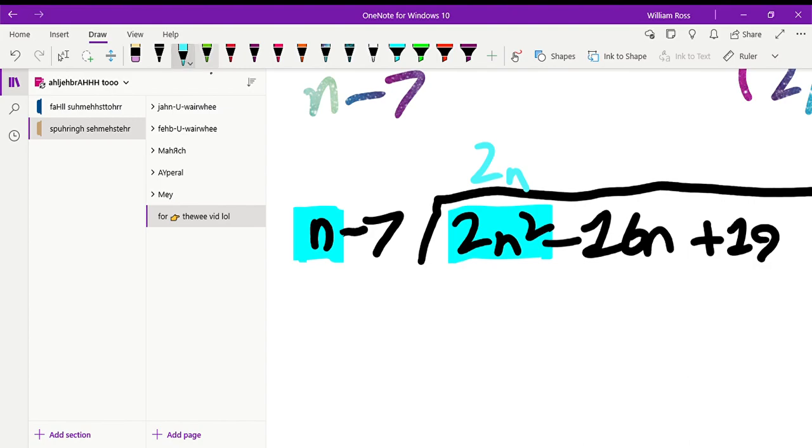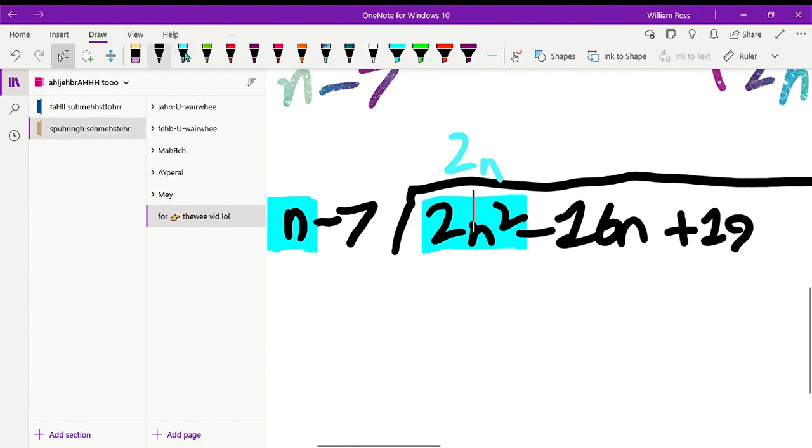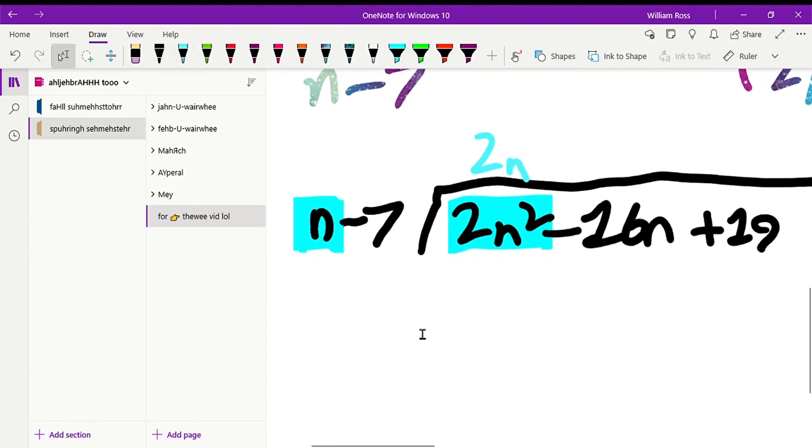And then of course you multiply whatever is here by here. So in that case, it will be 2n squared minus 14n. And if you remember, you're supposed to subtract this from that.